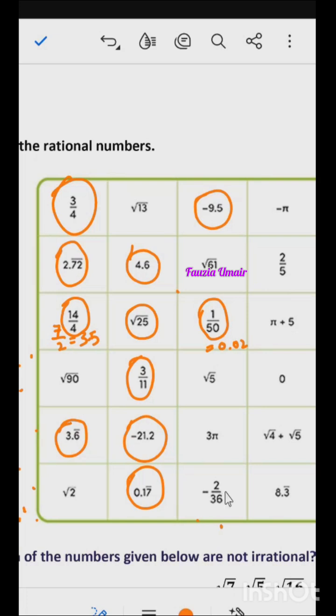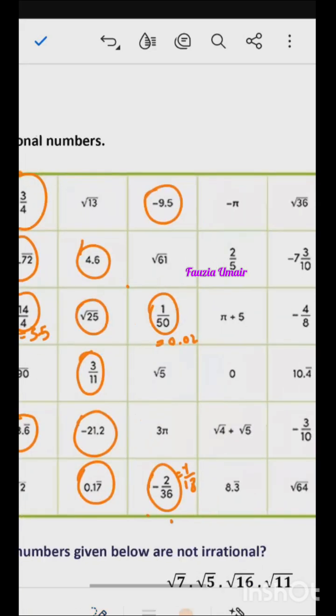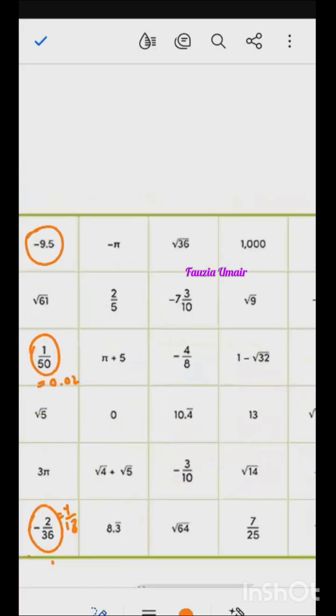2 by 36. 2 by 36 is equal to 1 by 18. Is it a rational decimal or irrational, do you think? Minus 1 by 18 is minus 1 by 18.